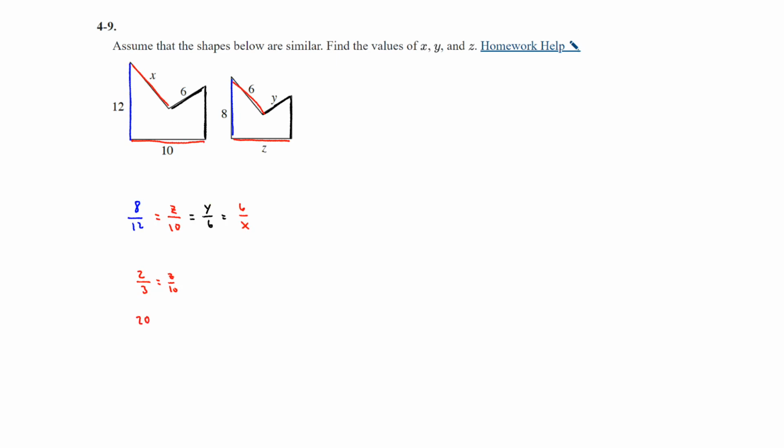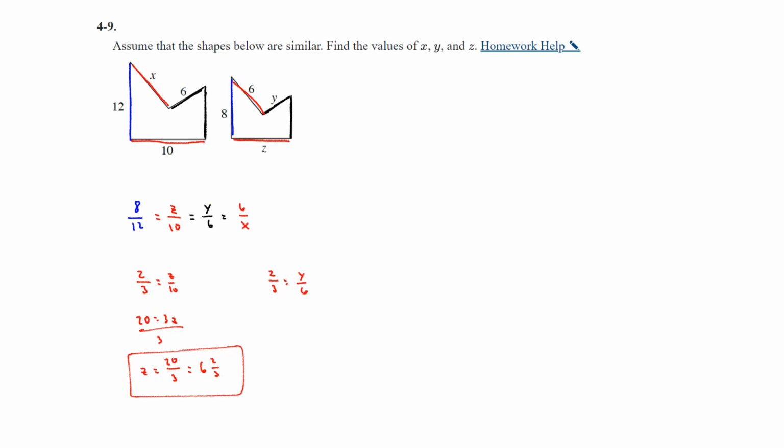So we get 20 is equal to 3z, divide by 3, and z would be equal to 20 over 3, as a mixed number. That's going to be 6 2/3. I'm going to leave it like that. Decimal would be repeating, so that's z. Now I'm also going to use 2 over 3, and then the y over 6.